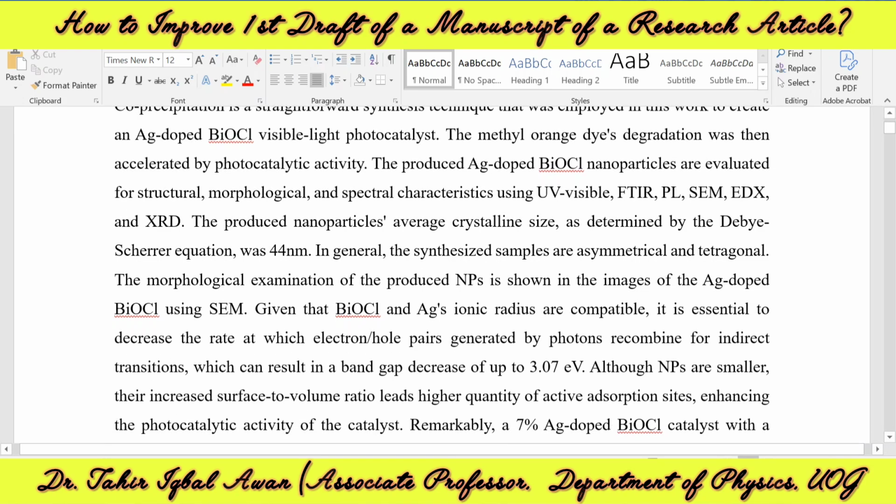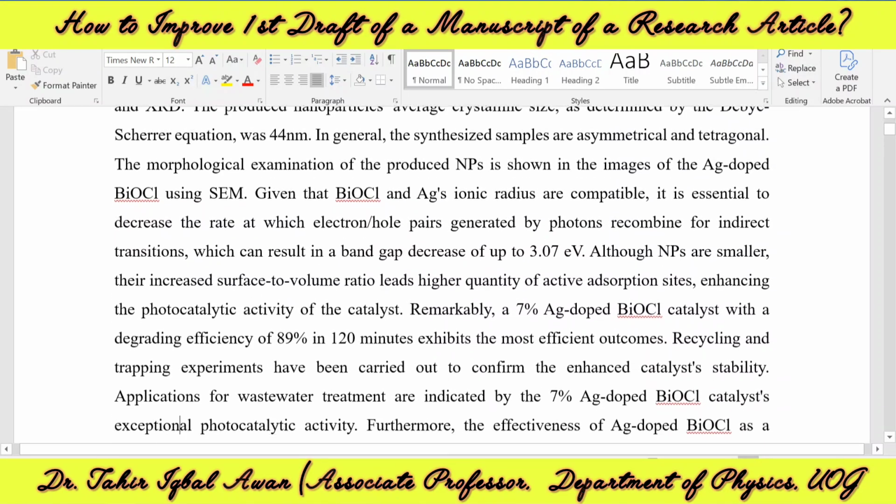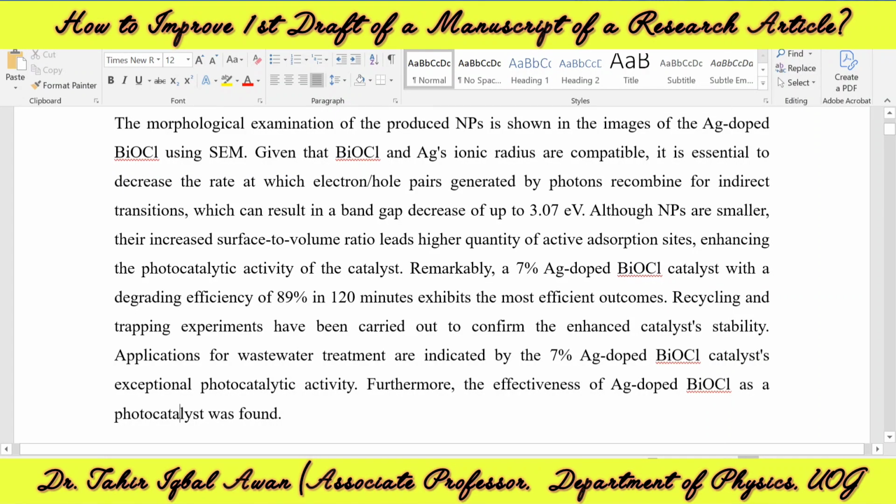One thing I am missing over here is that I couldn't see the interpretation. For example, in the last part of this abstract it says 7% Ag-doped BiOCl catalyst with degradation efficiency of 89% in 120 minutes exhibits the most efficient outcomes.